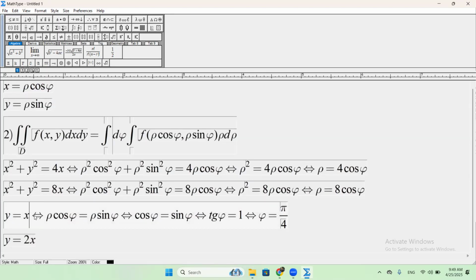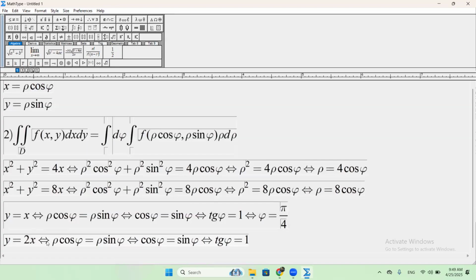and another limit for phi will be found from this equation. So 2 rho cosine of phi, and here 2 cosine of phi. So tangent of phi will be equal to 2.